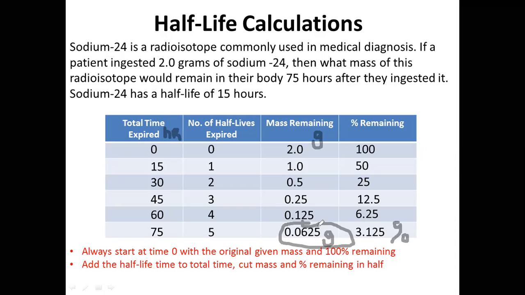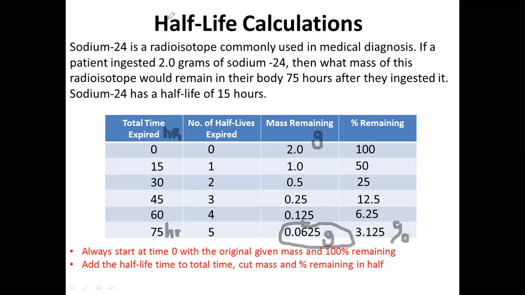So this is our answer. After 75 hours of time, there's only 0.0625 grams of radioactive material remaining in this person. Remember, this was placed in this person's body. We don't want it to stay there very long. So right now, there's very little of the material left over.